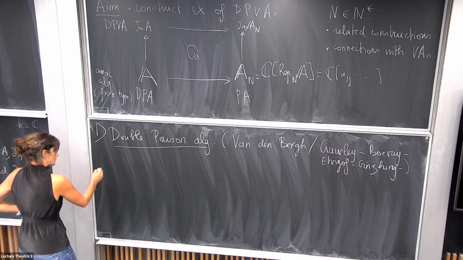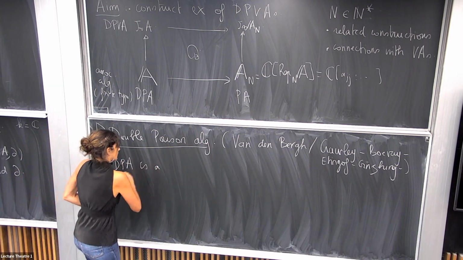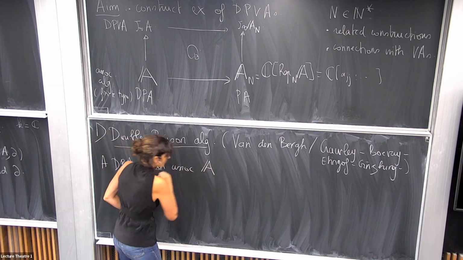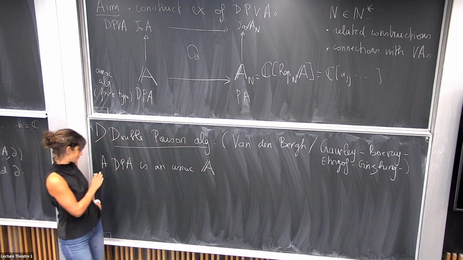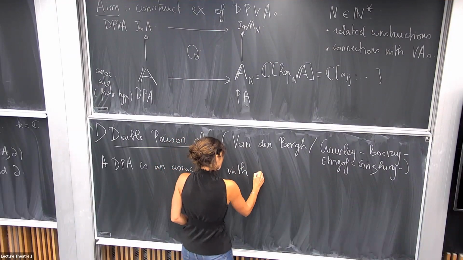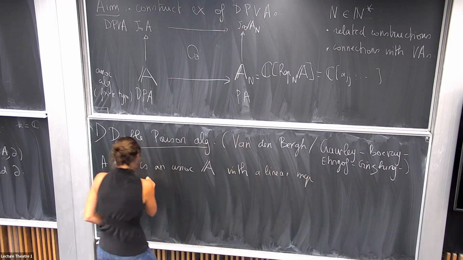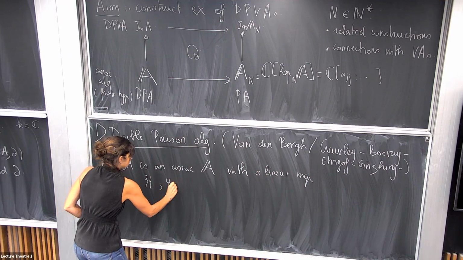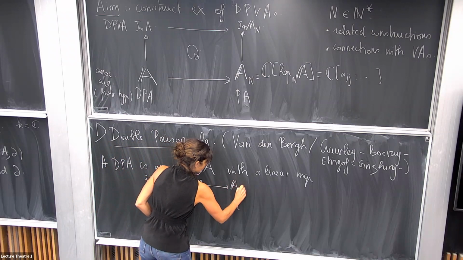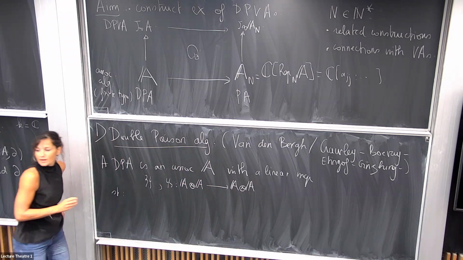So the definition is the following. A double Poisson algebra is an associative algebra, and I will use a double bracket notation in the double setting, equipped with a linear map from A times A, and here the novelty is that the image is A times A. It satisfies axioms similar to those for Poisson algebras.